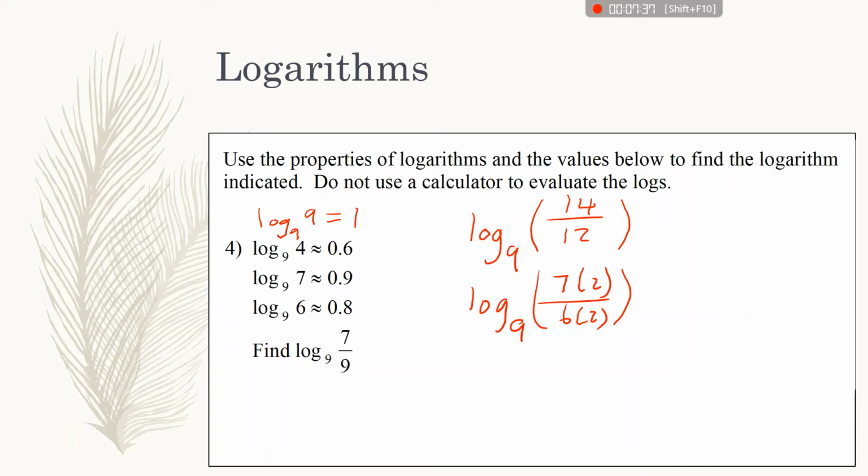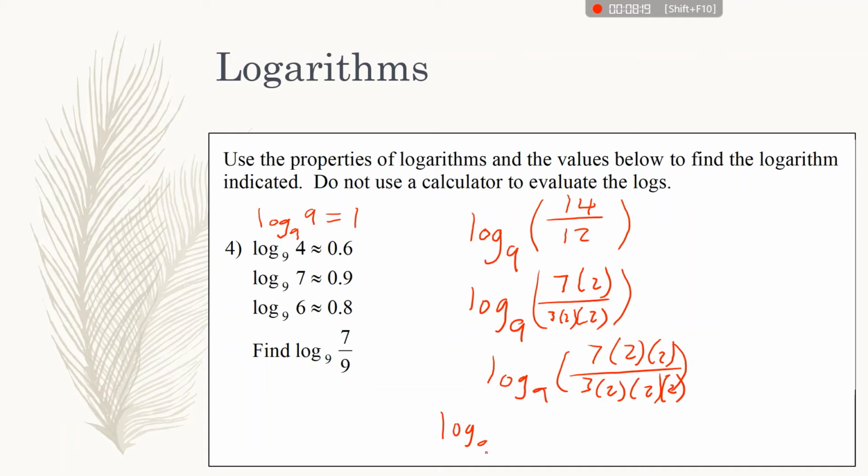If I break this apart, log base 9 of 7 plus log base 9 of 4, and I'll end up with just these two.